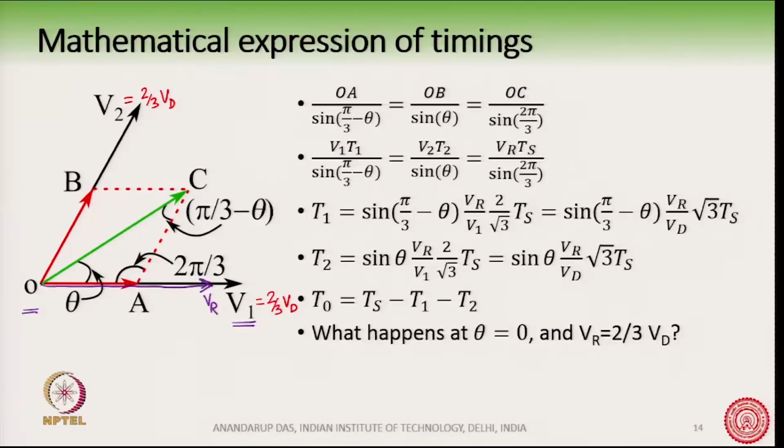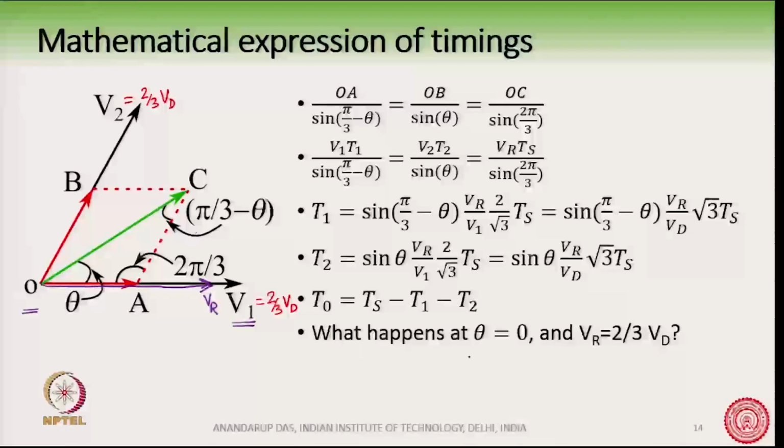These are the two vectors we should only switch, because this vector is now lying on V1 axis. We cannot switch the V2 vector here, because as soon as we give a weightage to V2, then the vector VR will start moving anticlockwise towards V2.